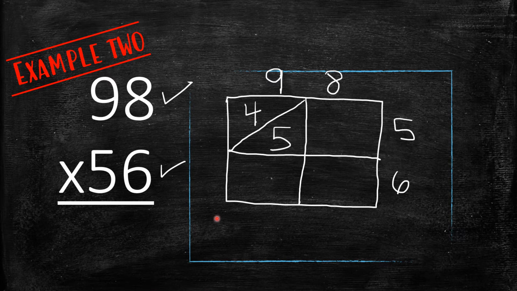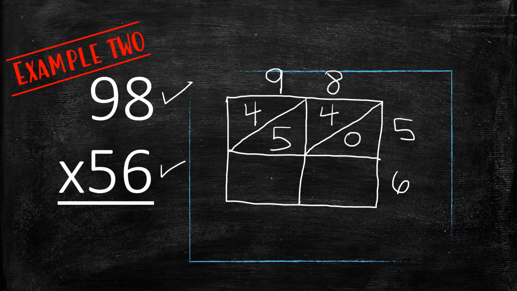Then I look at my second box, and the numbers 8 and 5 meet up. Since 8 and 5 are meeting up, we're going to multiply those two numbers, and 8 times 5 is 40, okay? So I'm going to draw my diagonal line, and I'm going to write 4, 0.